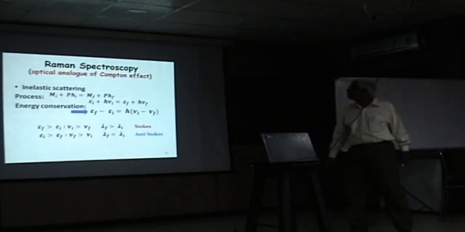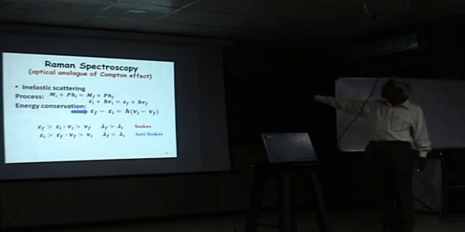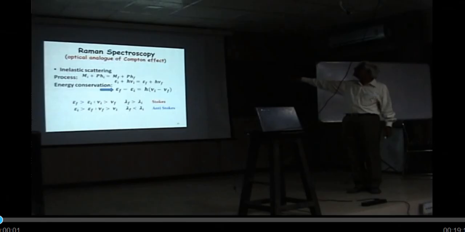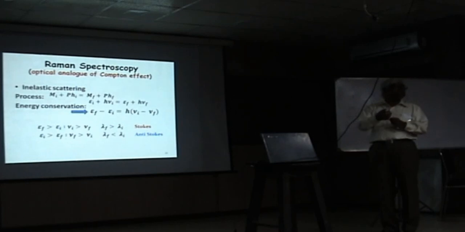What is Raman spectroscopy? It is an inelastic scattering. The process you can write like a chemical reaction: matter in the initial state and a photon in the initial state collide, react, giving matter in the final state and a photon in the final state. That means there is a collision, an exchange of energy between the photon and matter.